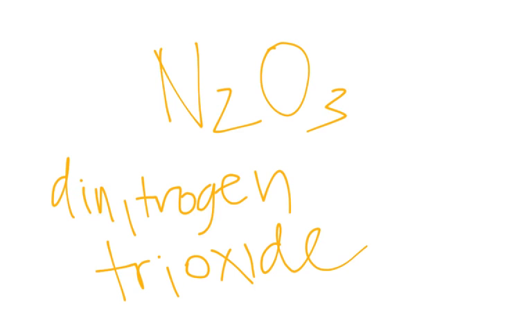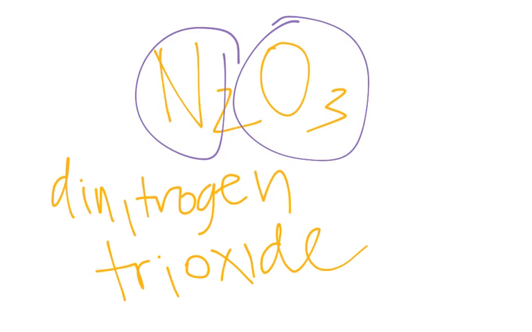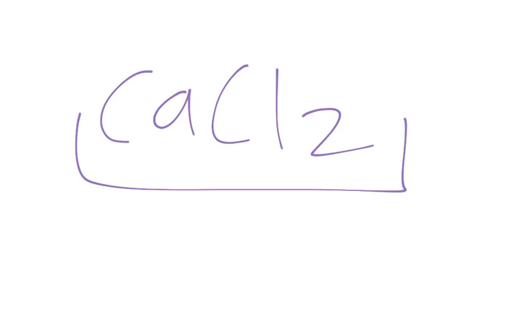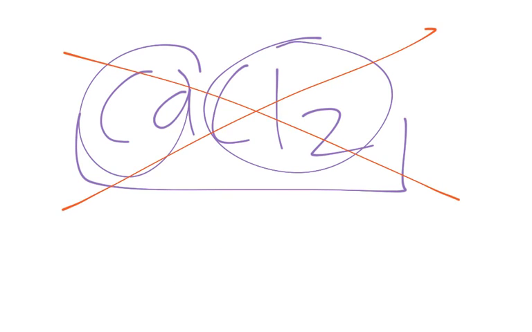If you have two nonmetals like N and O, you could usually use this naming system. But if you have a salt with a metal and a nonmetal, we definitely cannot use this naming system, because there's a different system for that. Naming salts will be covered in the next video, so I hope you learned a lot, and ciao!